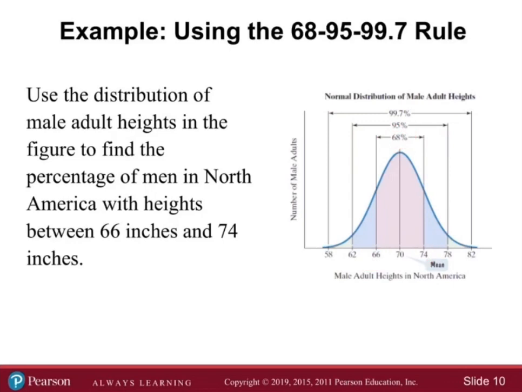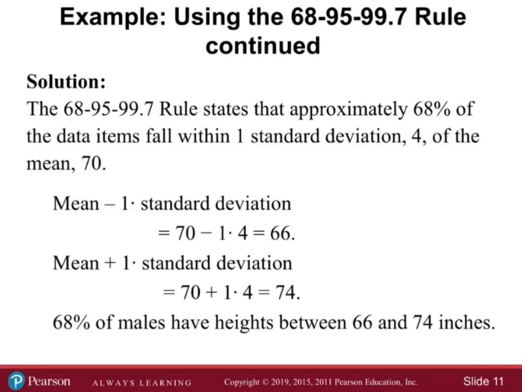So it's really just a matter of reading the chart. This is what we drew by hand, right? But it should be 68%. 68% of males have heights between 66 and 74. Okay. All right, that's fine.